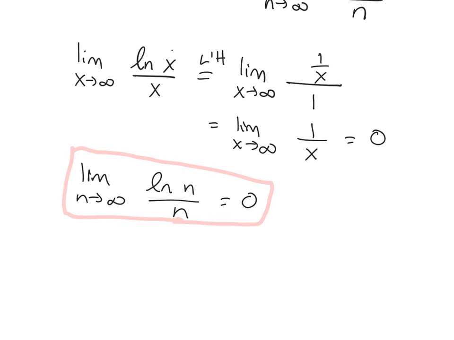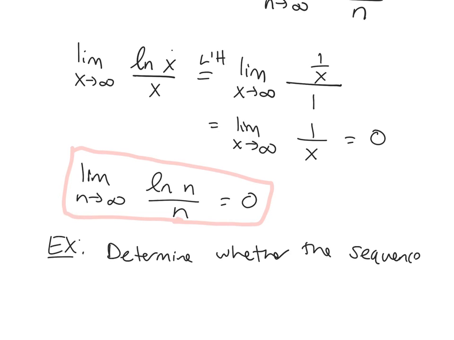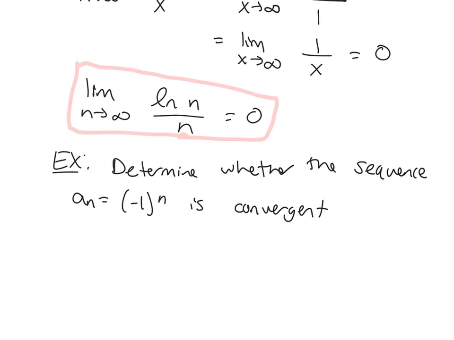Okay, so what we want to do now, let's say I want to look at a new sequence. Let's say determine whether the sequence a sub n, which is going to be -1 to the n, is convergent or divergent.